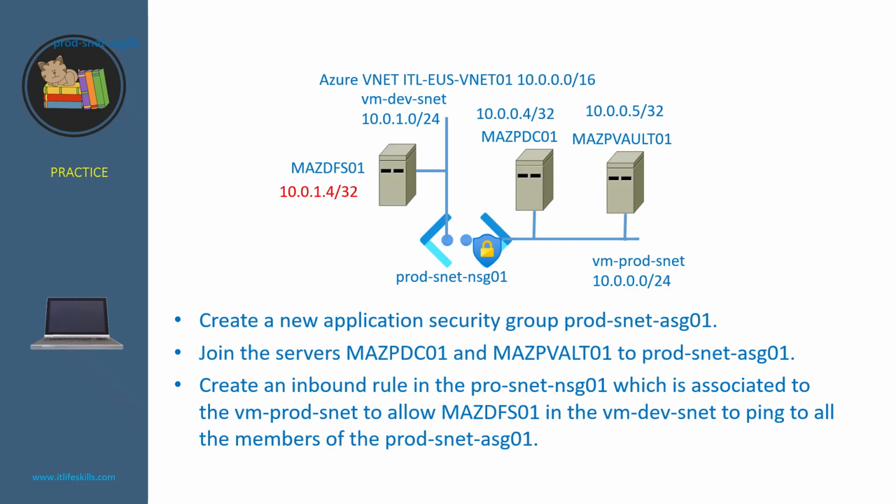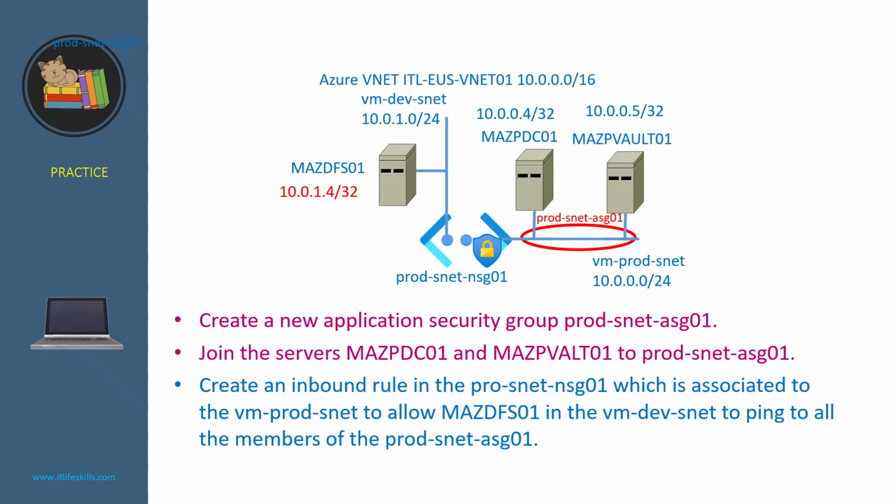Let's practice with configuring application security groups in this network. First, we will create a new application security group named prod-adnet-asg01. Then we join the servers mazpdc01 and mazpvault01 to the production subnet application security group.